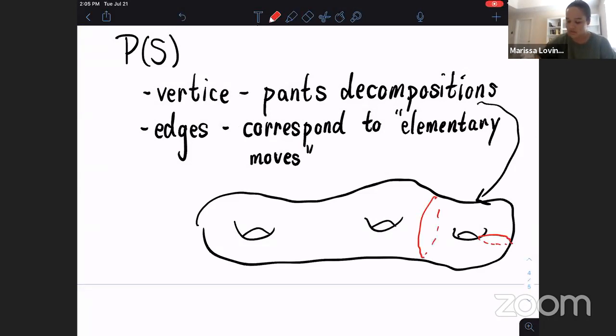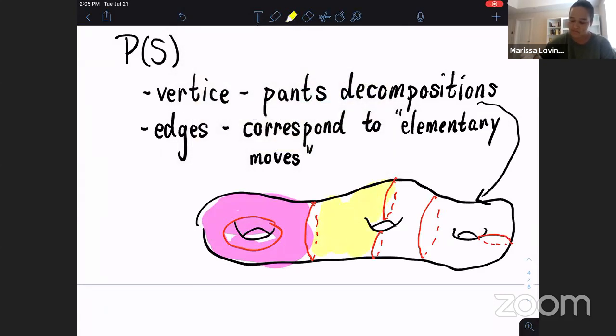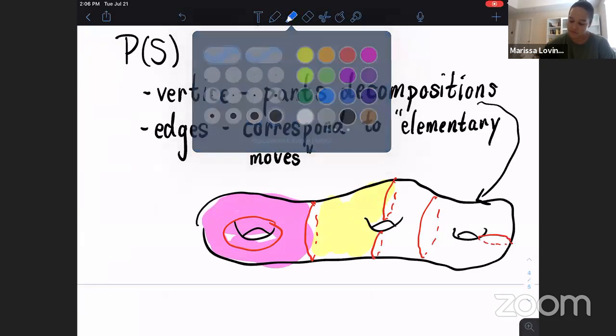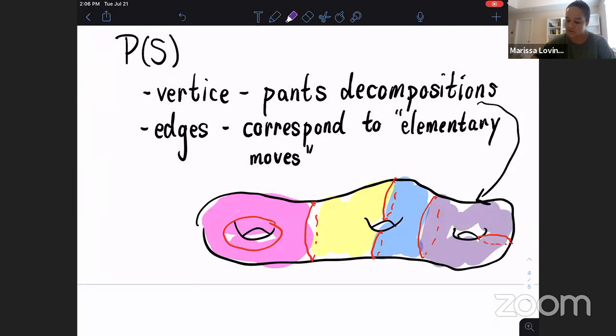We just want to use essential simple closed curves. You can see I can divide it up into some nice pairs of pants. So here's one, here's one, here's one, here's another. Okay, so here's my pants decomposition.